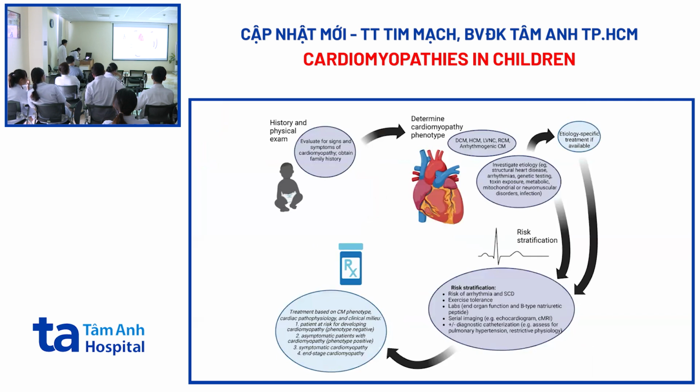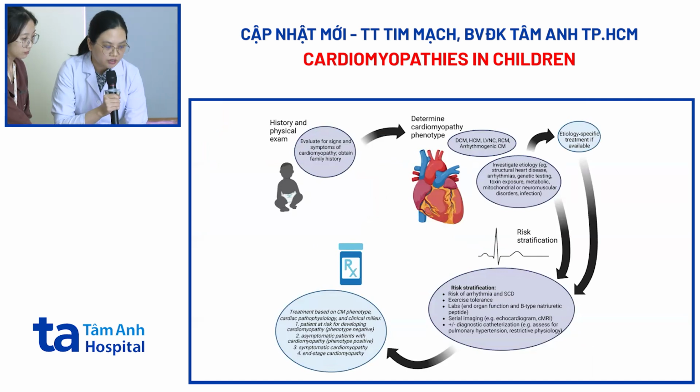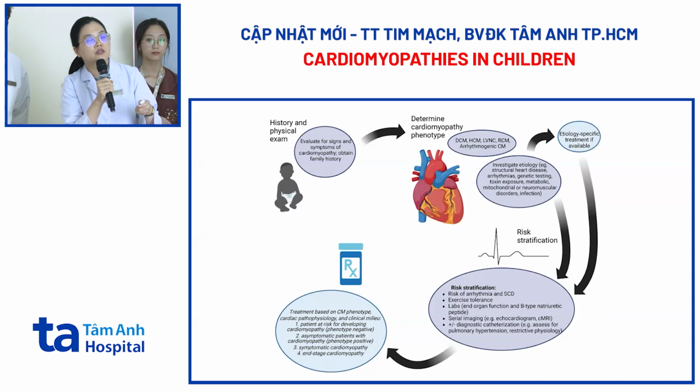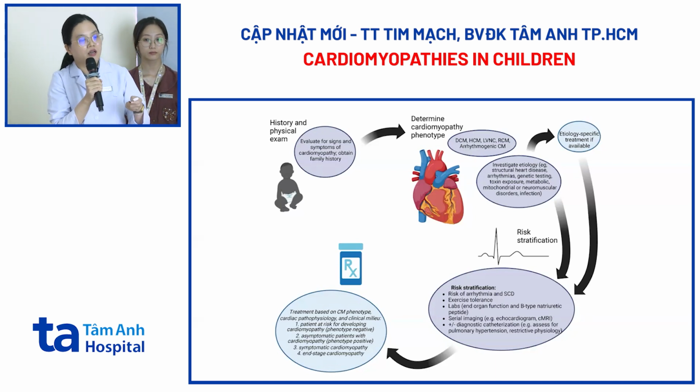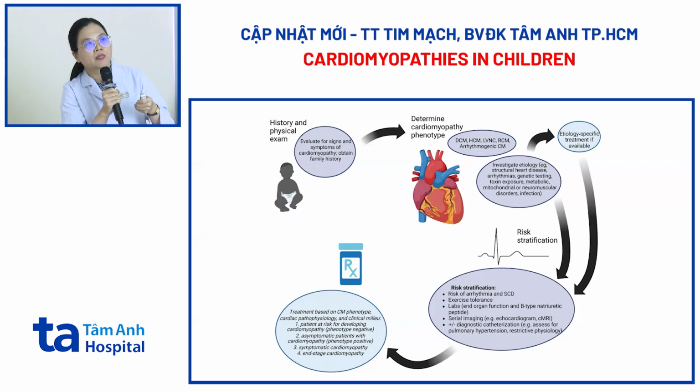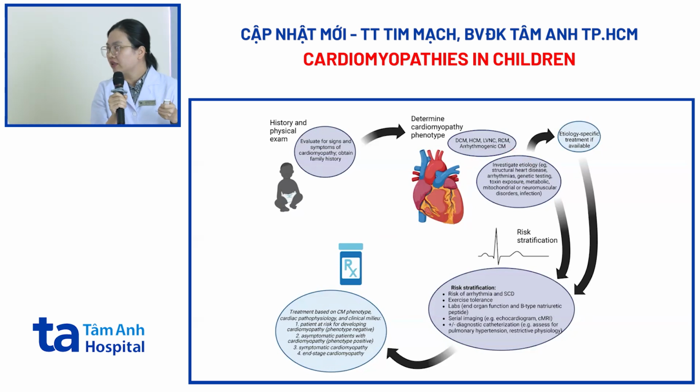Firstly, about the history examination, something we didn't mention, but here are the two kinds of pediatric cardiomyopathy. Recently, you see dilated and hypertrophic cardiomyopathy, and others are in the definition of cardiomyopathy.